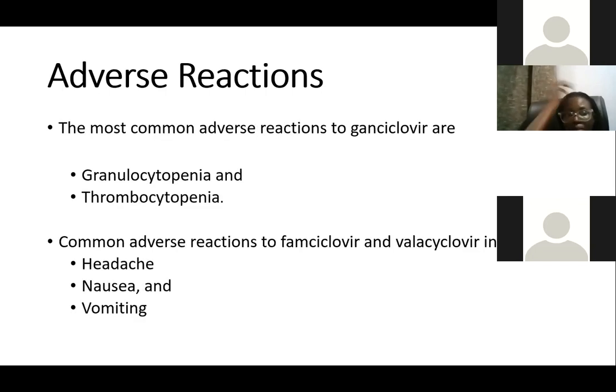And ganciclovir commonly gives you granulocytopenia and thrombocytopenia. Granulocytopenia is reduced neutrophils, and thrombocytopenia is reduced platelets. And then commonly, famciclovir and valacyclovir will give you headache, nausea, and vomiting.